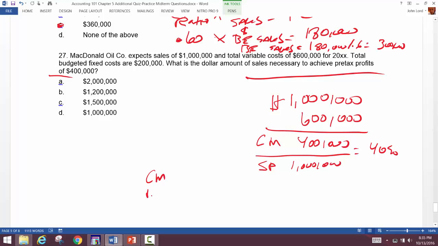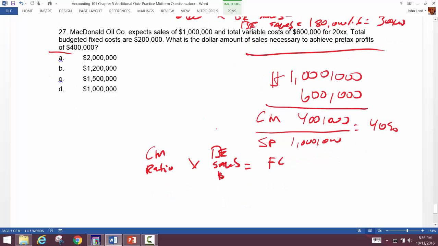Contribution margin ratio times my break-even sales dollars equals my fixed cost plus target profit, right? Contribution margin ratio is what? 0.40. My break-even sales dollars, I don't know yet.